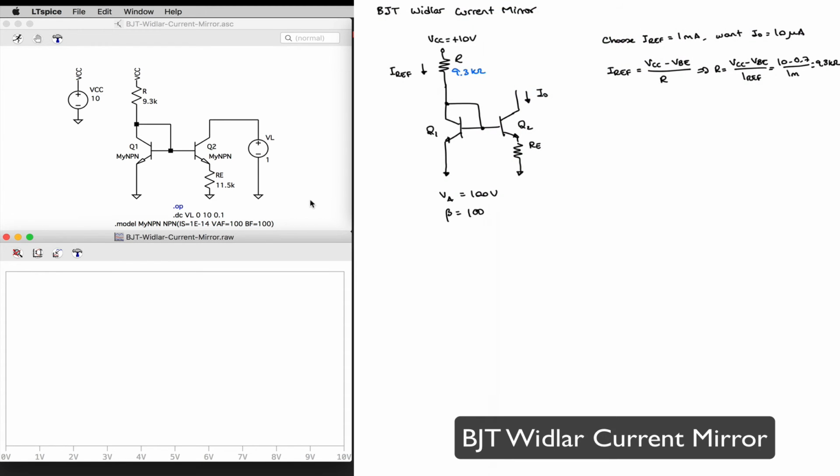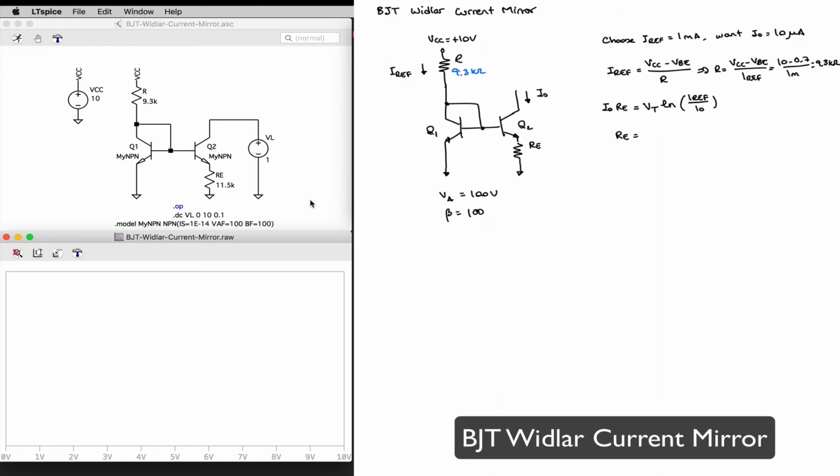My RE resistor, I can calculate from the equation that gives me the relationship between I out and I ref. I'm not going to do the derivation again because we've already done it in a previous video, but we had seen that it was I out times RE is equal to the thermal voltage Vt times the natural log of I ref divided by I out. So I can solve for RE, I want I out to be 10 microamps.